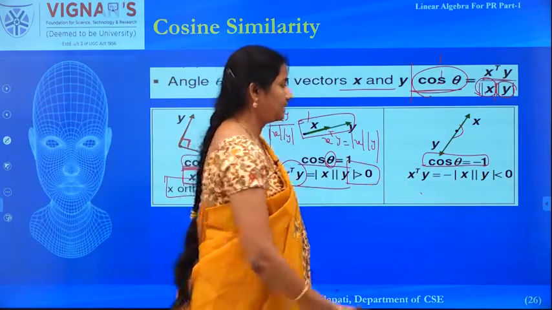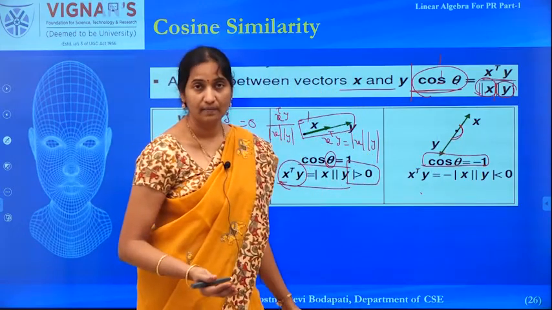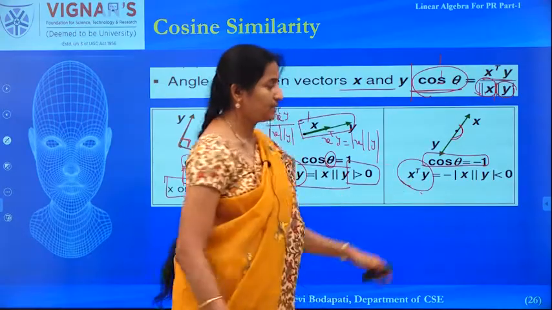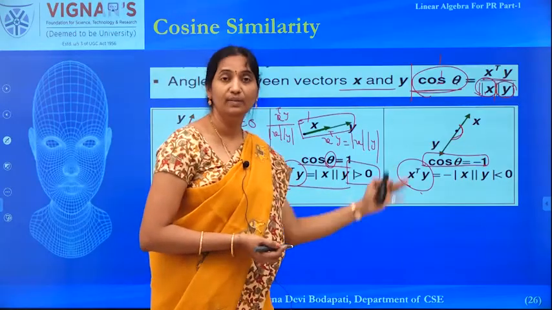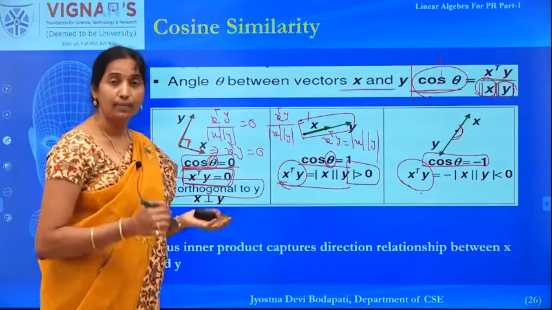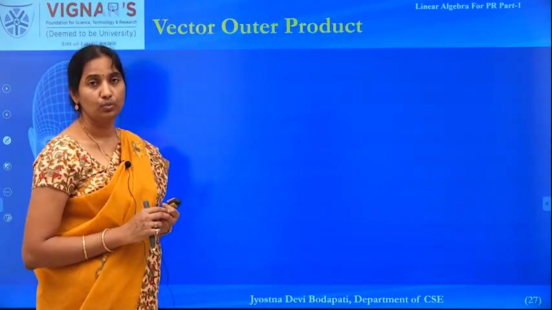So the angle between these two vectors is 180 degrees. That means the inner product of the two vectors is a negative value. In that case I can say that they are moving in exactly opposite directions. That is how the inner product between the two vectors gives the relationship between the two vectors.